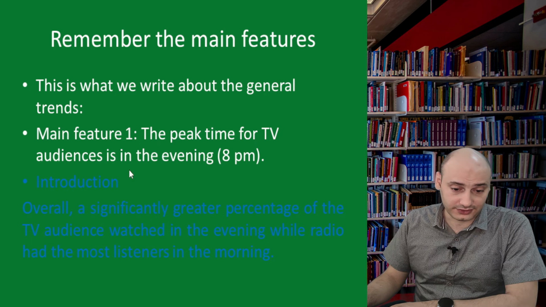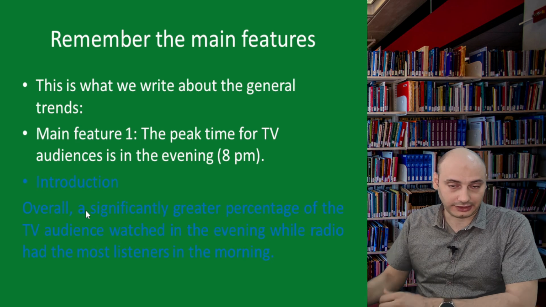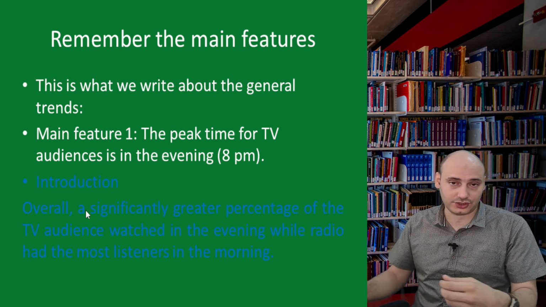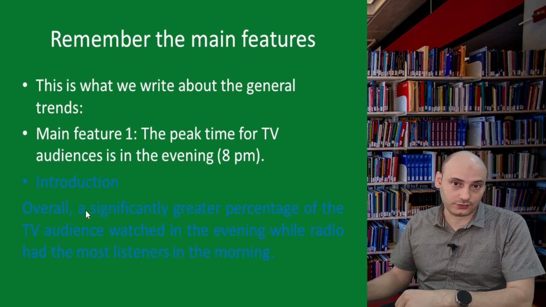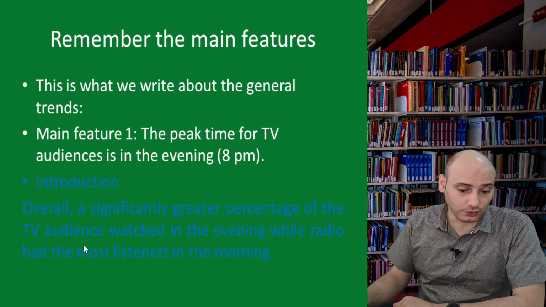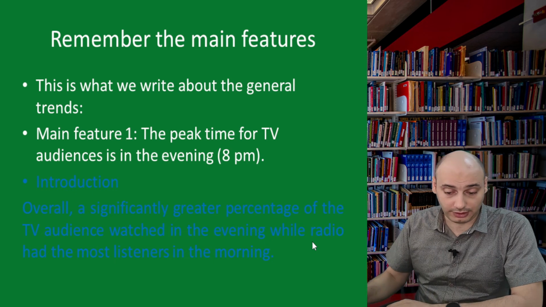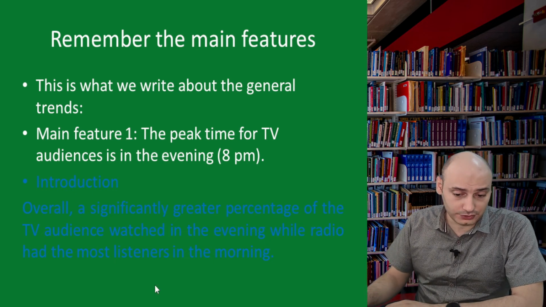So the peak time for TV audiences, we said a significantly greater percentage. Okay, now we're describing the percentage. Generally, of course, the most of the TV audience watched in the evening, while the radio, now we're talking about the other line, had the most listeners in the morning.